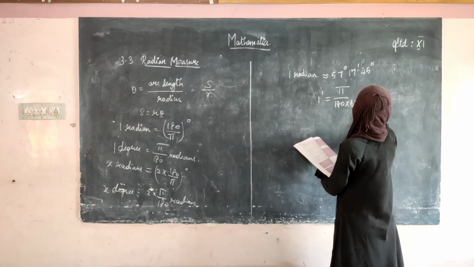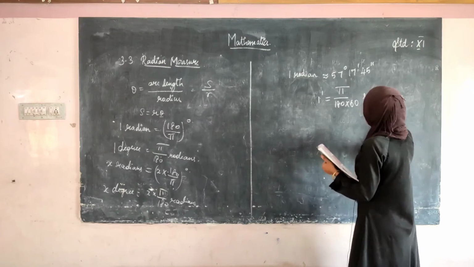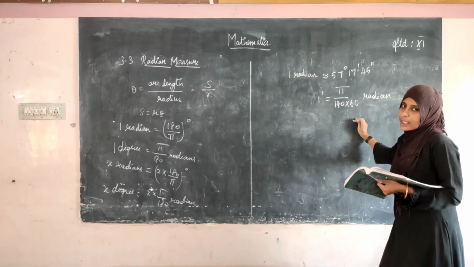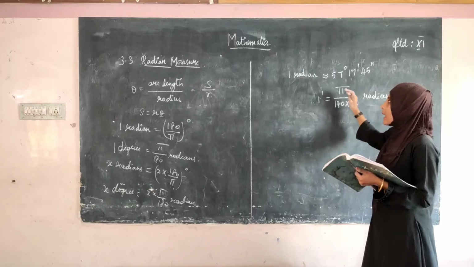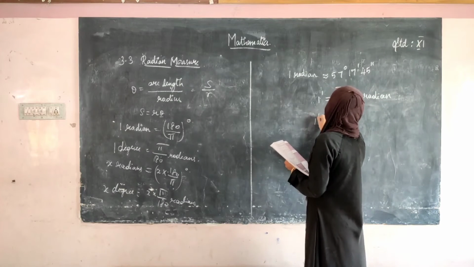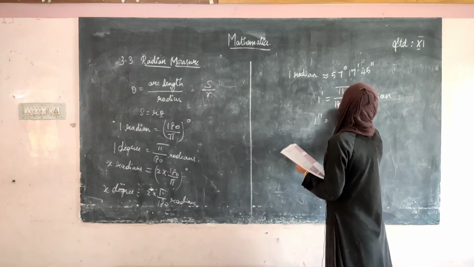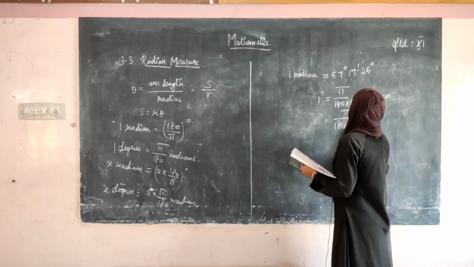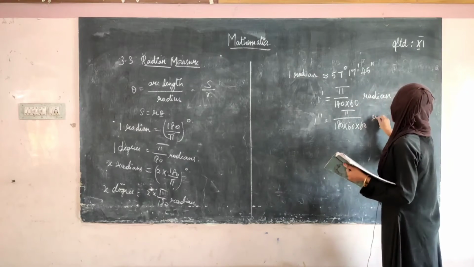This is converting minutes to radians. So converting degree to radian means pi divided by 180. Converting minutes to radian means pi divided by 180 into 60. Similarly, converting seconds to radians means pi divided by 180 into 60 into 60 radians.